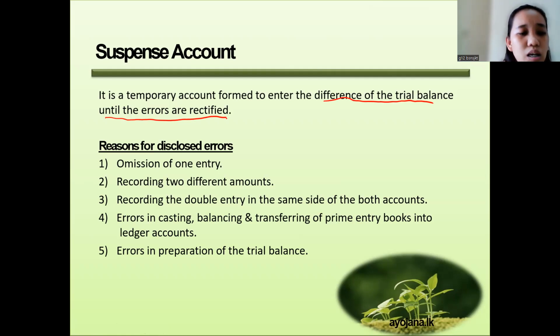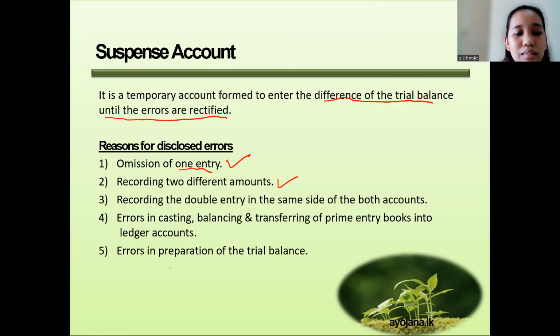So some reasons for disclosed errors are omission of one entry. So we only put a debit side, forget the credit side, or the opposite. And then recording two different amounts, debit is 800, you put on the credit side 9,000, different.